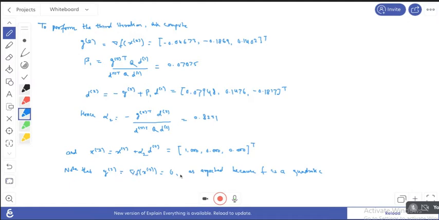That's why we write here as expected, because f is a quadratic function of 3 variables. Okay, so your x star, that point, is x3, that is 1 0 0. Okay, so this is the answer.